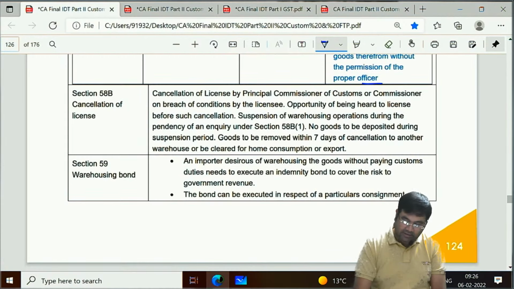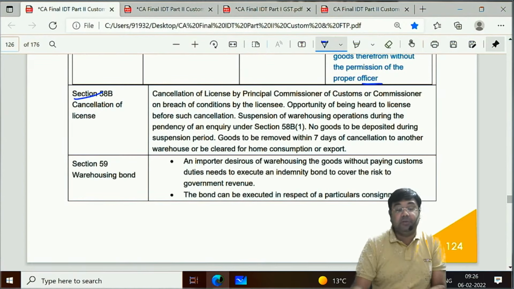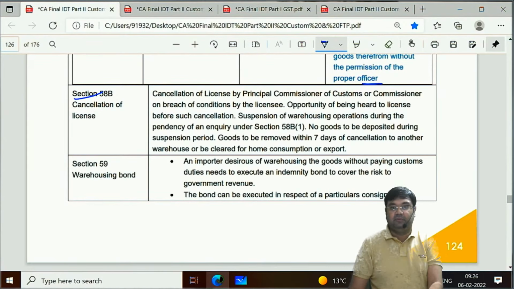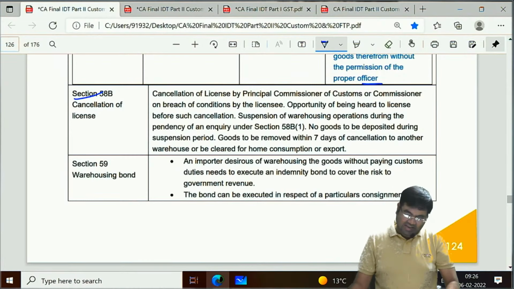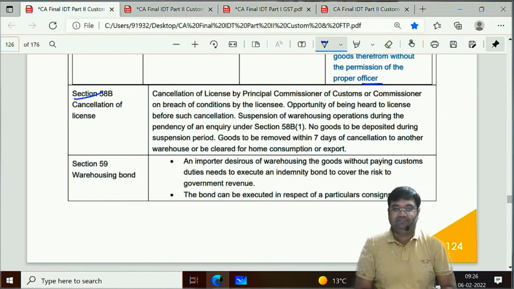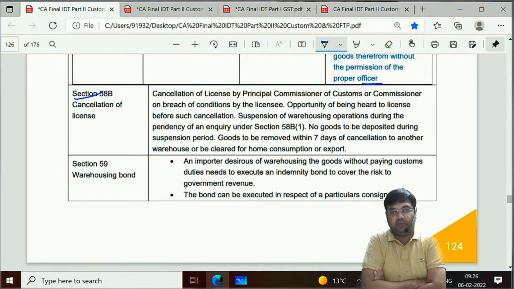Now section 58B. So principal commissioner or commissioner has given license with the condition. But licensee is very smart. He thought he got the license, he can do anything. So let's say, I'm taking an example, no goods should be removed from the warehouse without the permission of the custom officer.